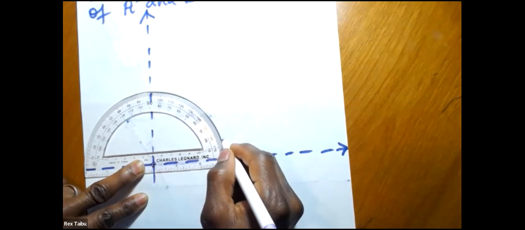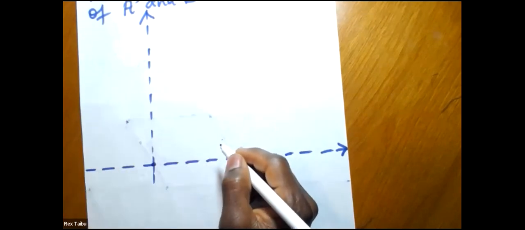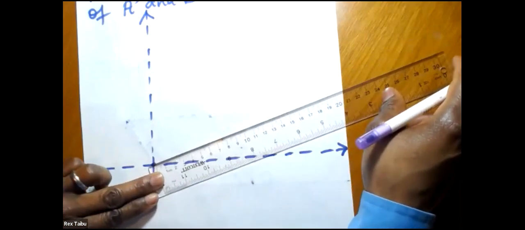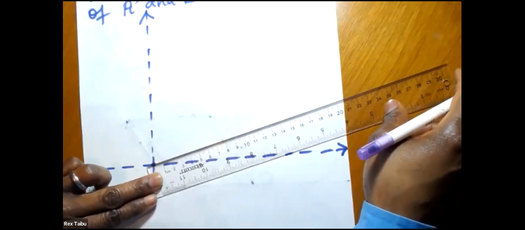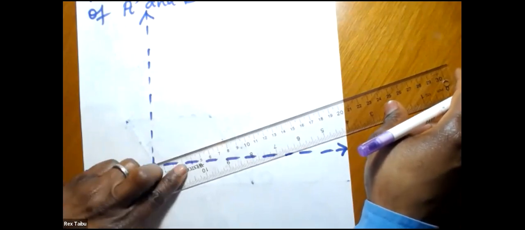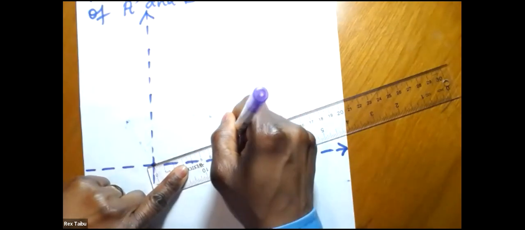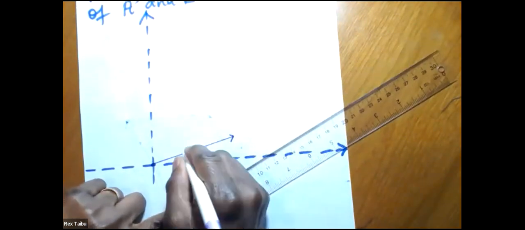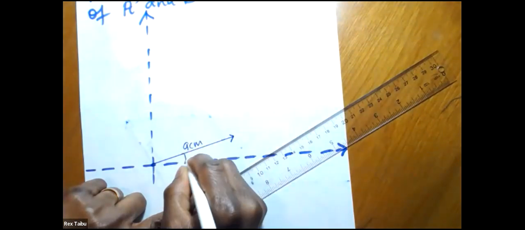And then I will draw a line that is the 9 centimeters. Okay, 9 centimeters is this one. That's my 9 centimeters, and the angle is 15 degrees.